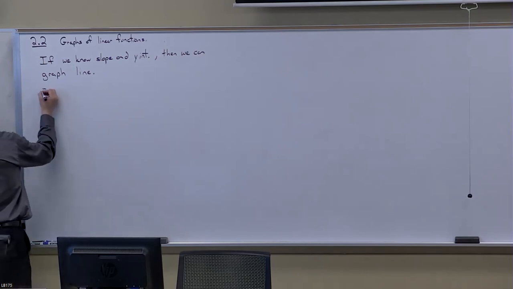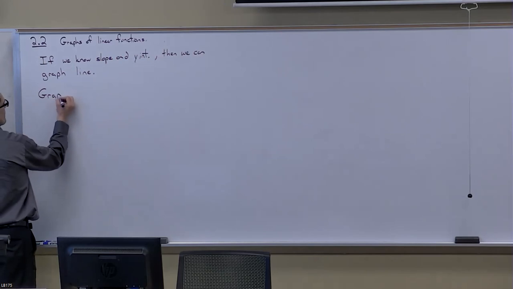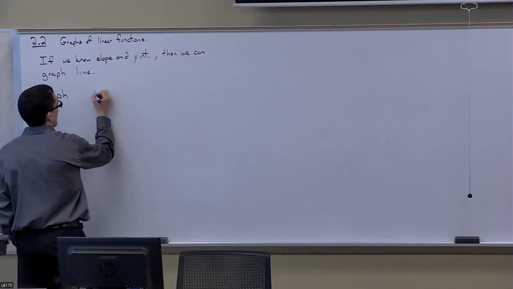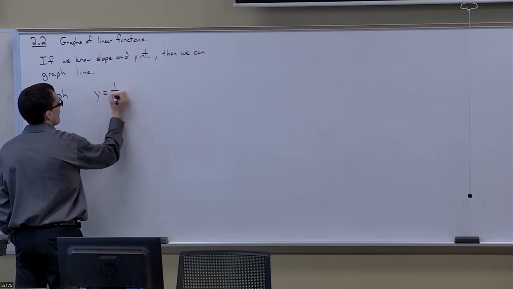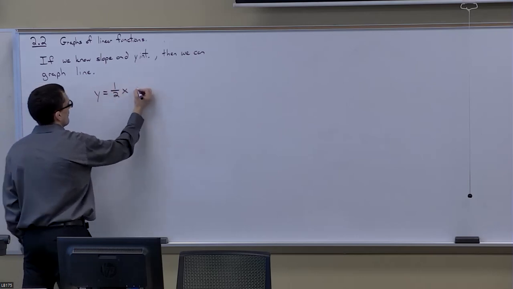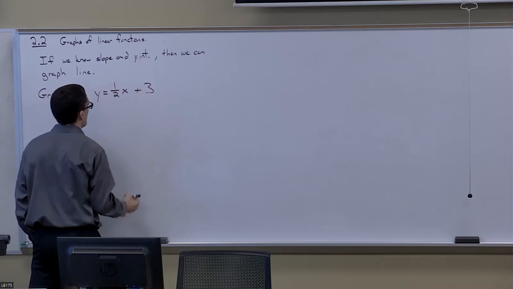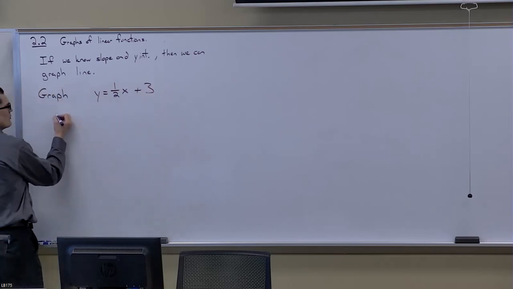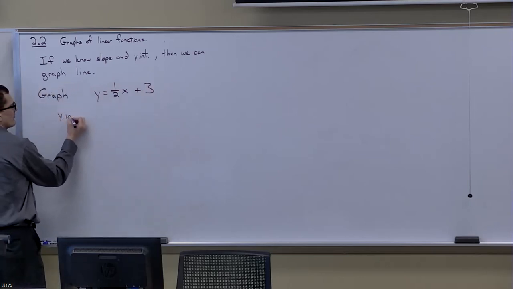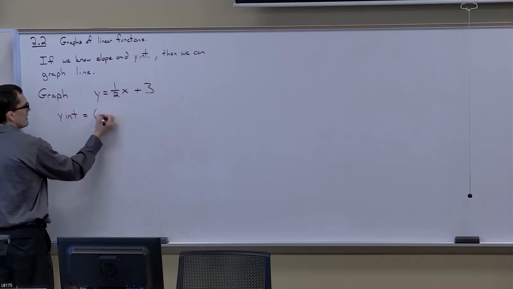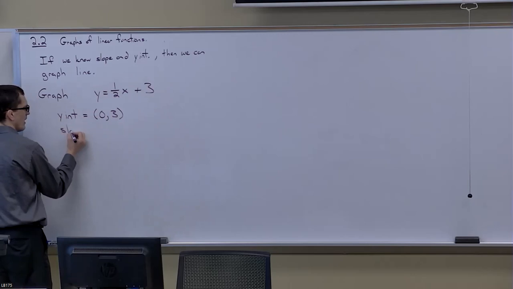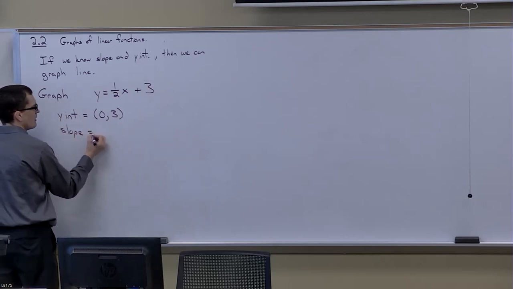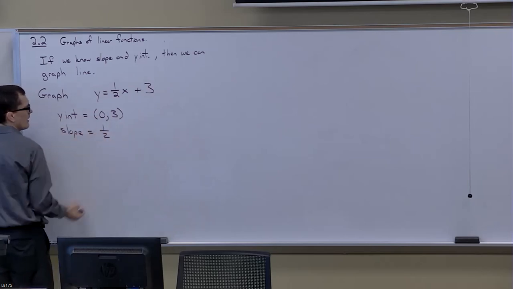So let's say we want to graph y equals 1/2 x plus 3. You would say that the y-intercept is the point (0, 3), and the slope is 1/2.